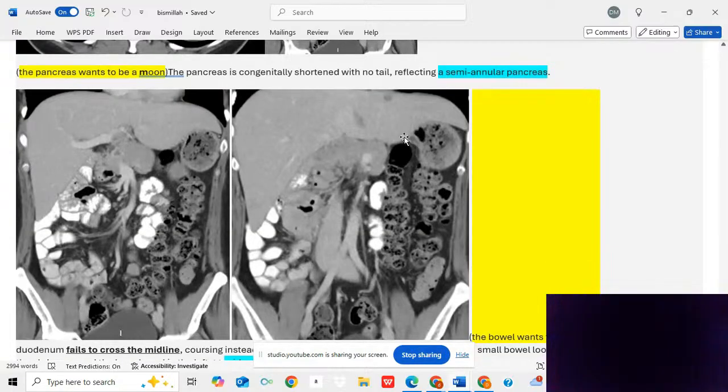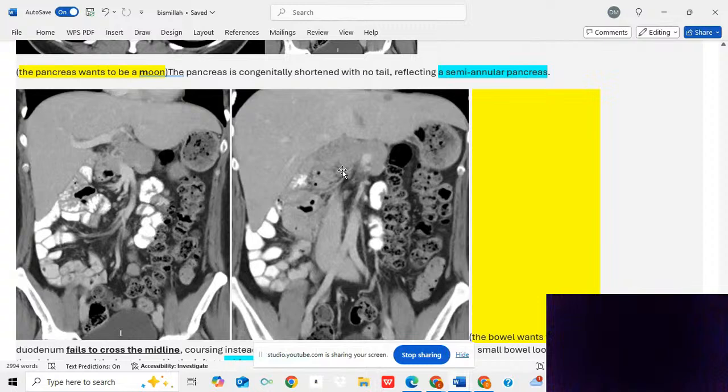Then you need to check for the other midline structure, which is the duodenum. Okay, look at the duodenum here. What happened? The duodenum didn't go like this. Instead, it went like this.